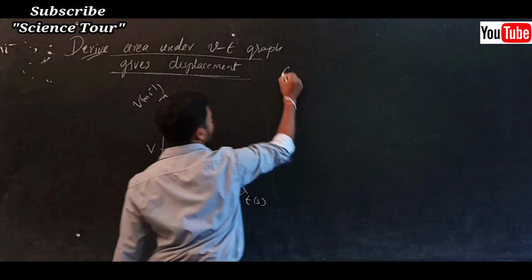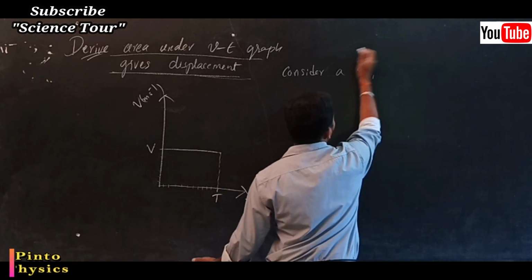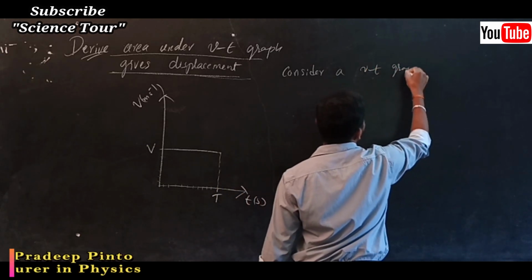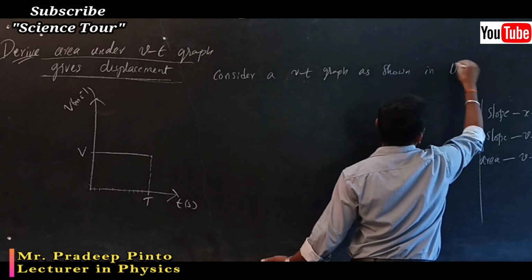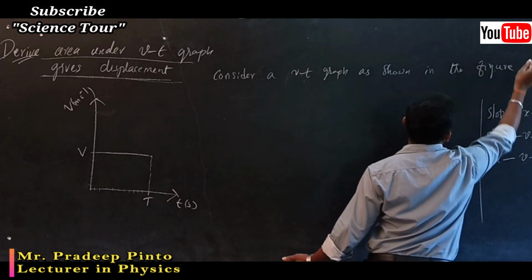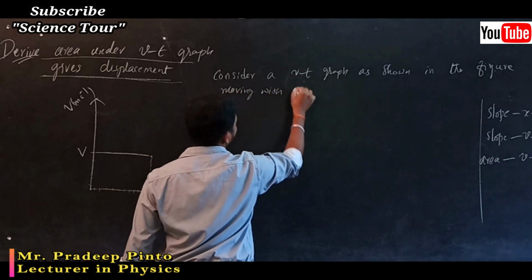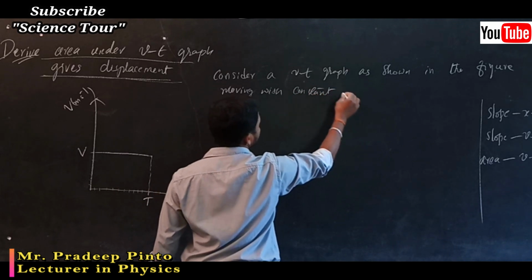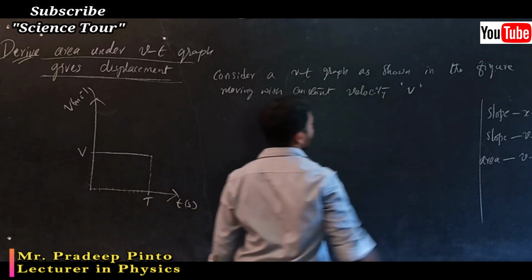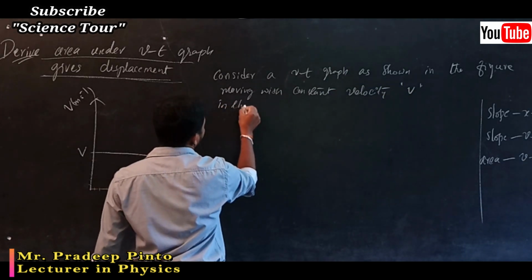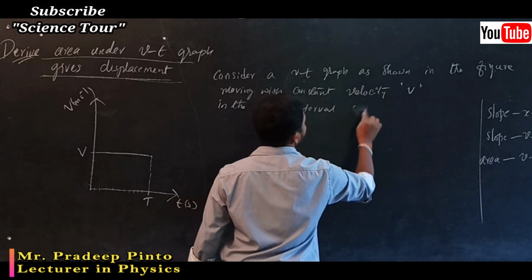Consider a vt graph as shown in the figure, moving with constant velocity v, in the time interval t.